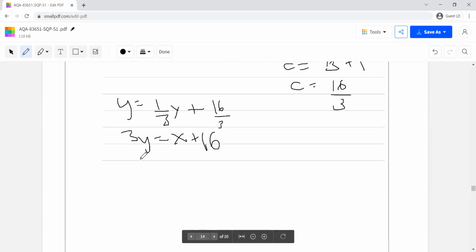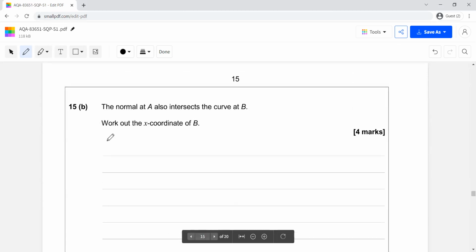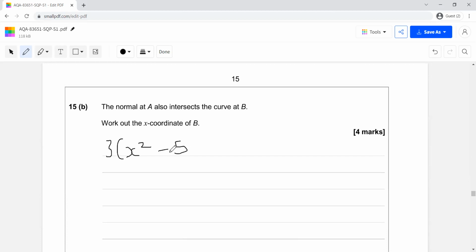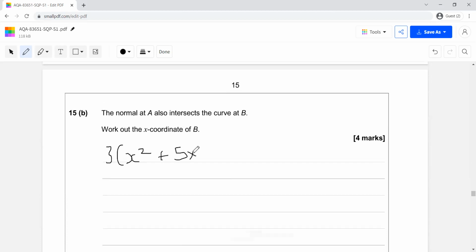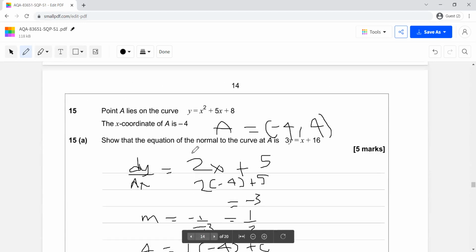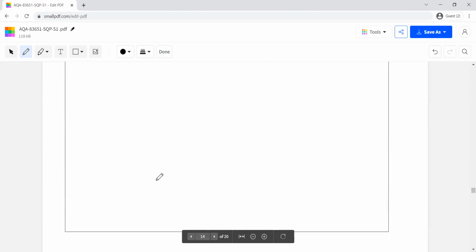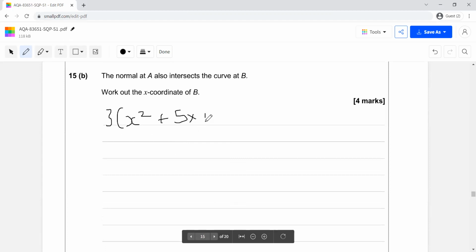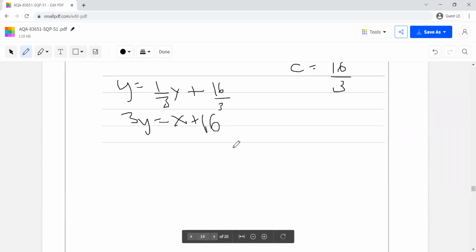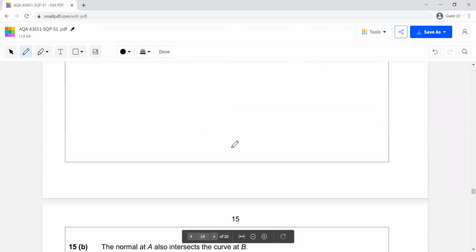So by doing that, we say that 3 times (x squared plus 5x plus 8) is equal to x plus 16.